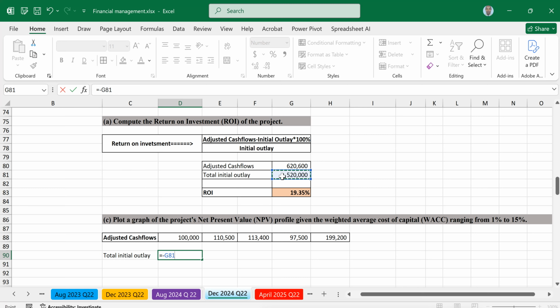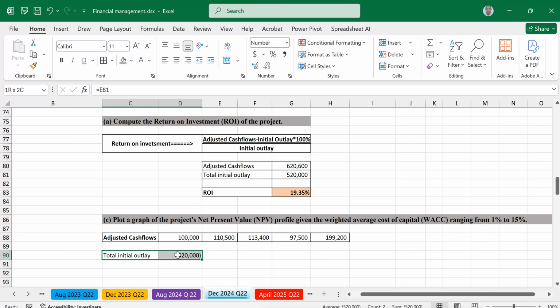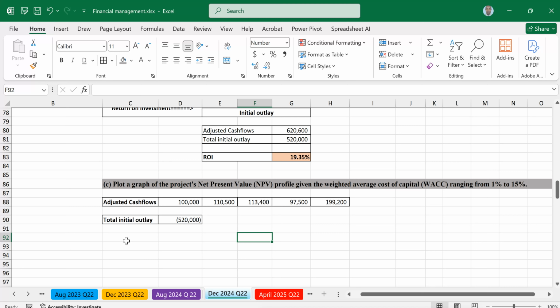Second, we can have the WACC and NPV, from 1% to 15%.